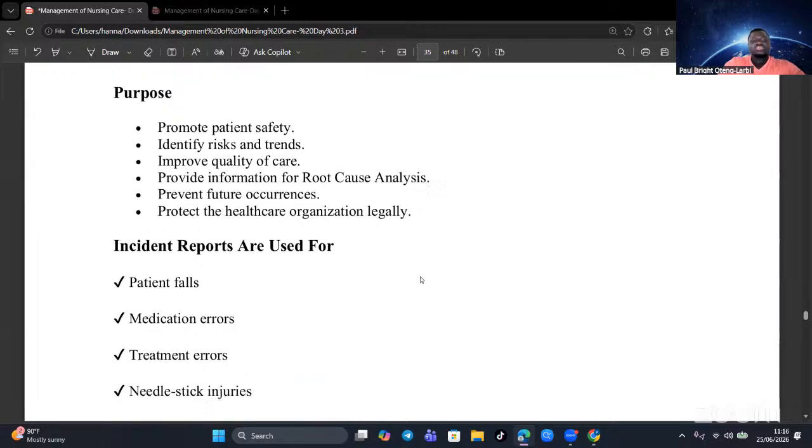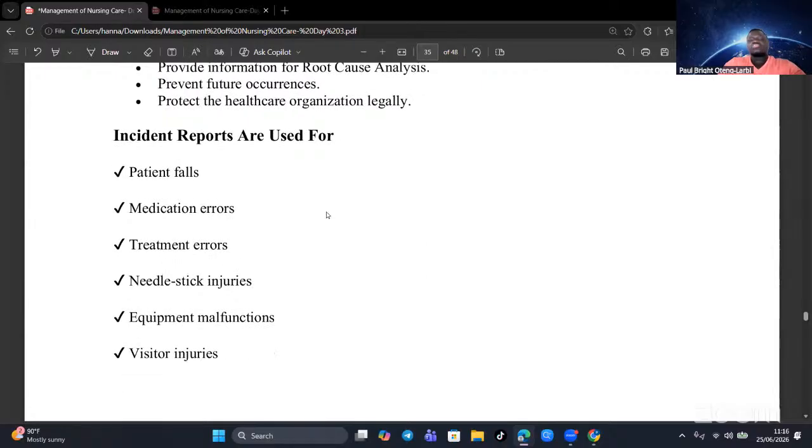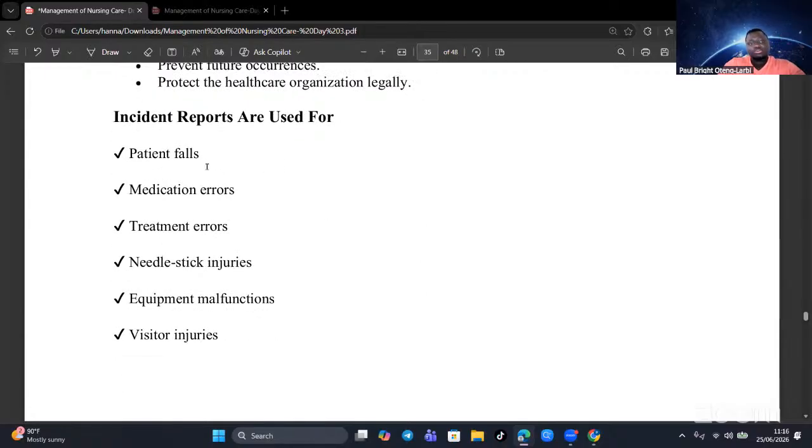Okay. So incident reports are used for patients, for example, medication errors. If you are a nurse and there is a fall, there should be an incident report on that. When there is a medication error, there should be an incident report. Treatment error, there should be an incident report.